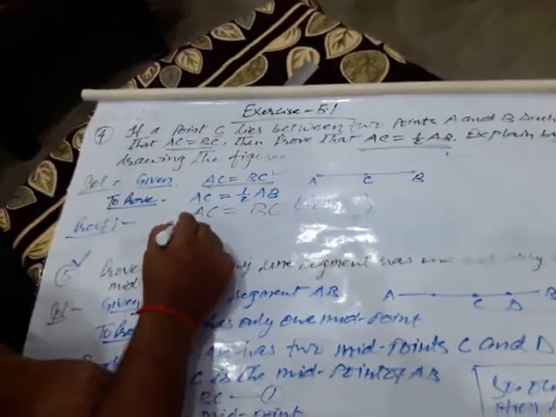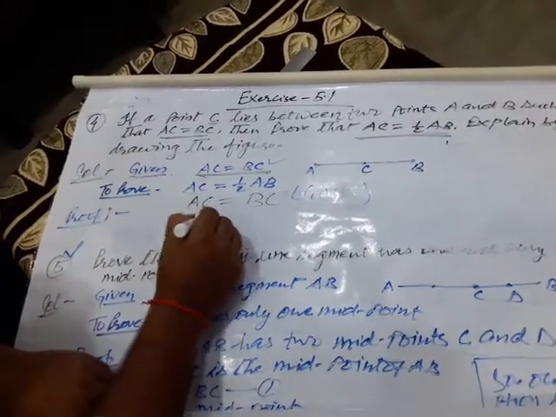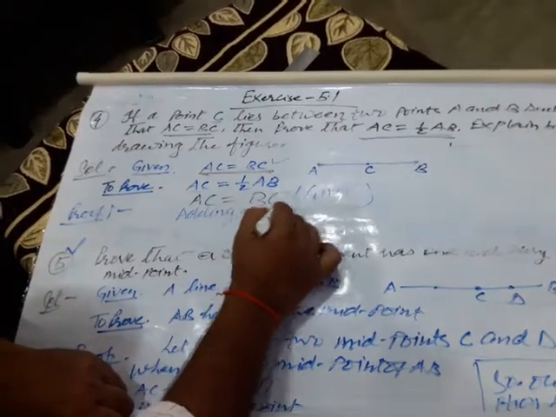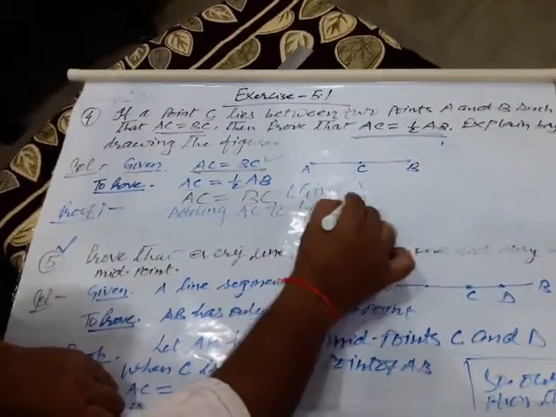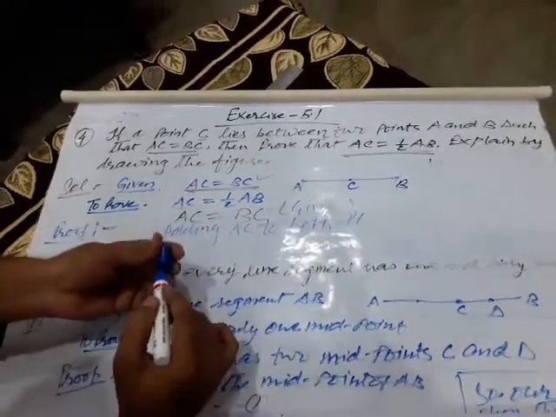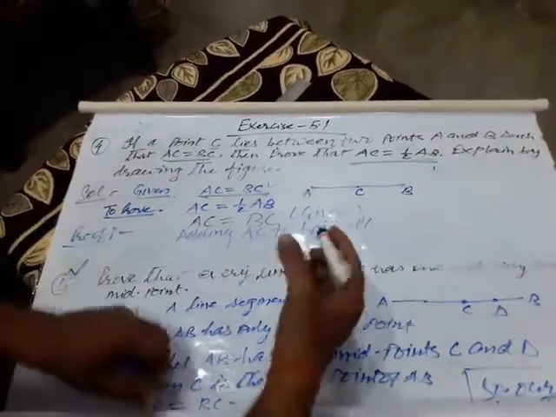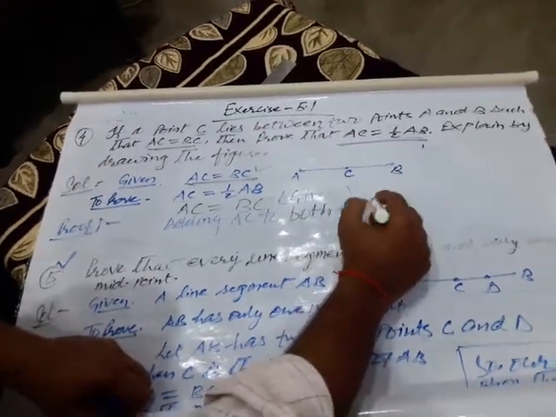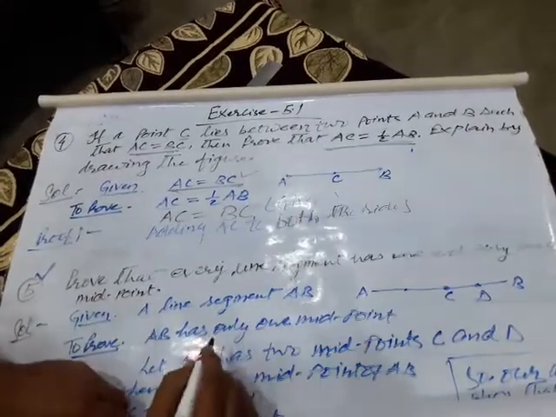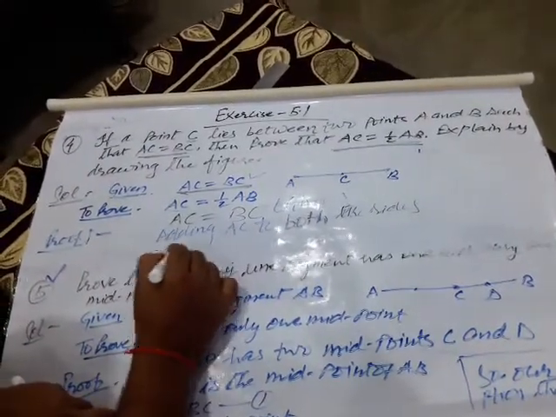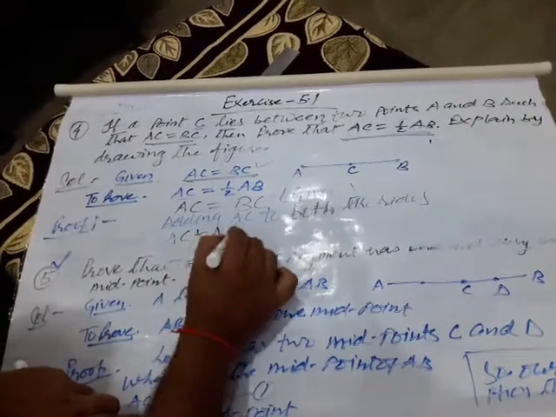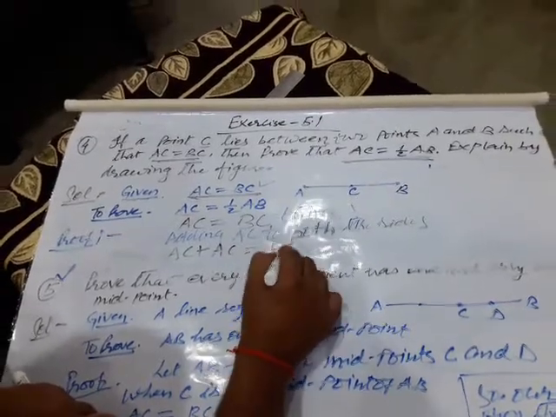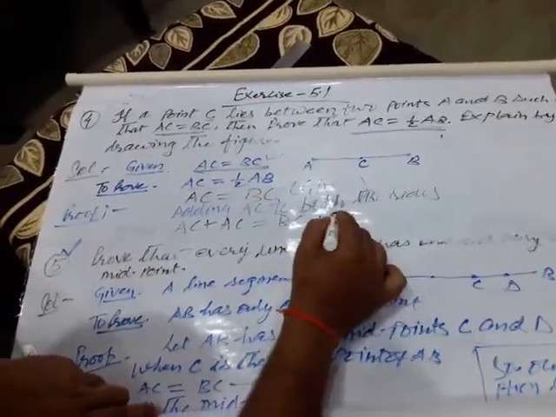And now adding AC to both the sides. Then AC plus AC equal to BC plus AC.